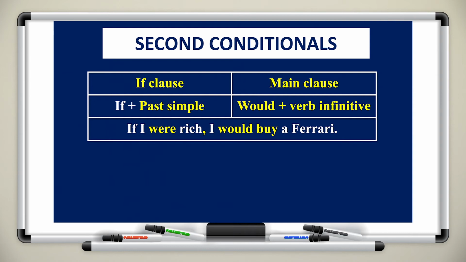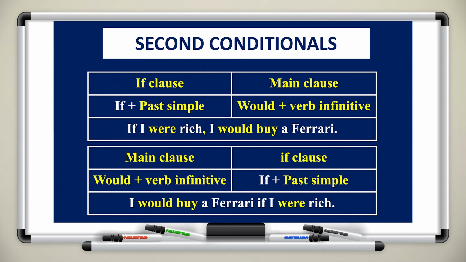Notice if I were, where the verb is in the past, and the second part is I would buy, the base form of the verb. Again, you can start with the main clause and say I would buy a Ferrari, and then complete it with the if clause by saying I would buy a Ferrari if I were rich. Very, very simple. Easy.